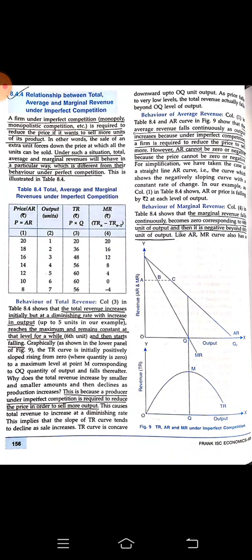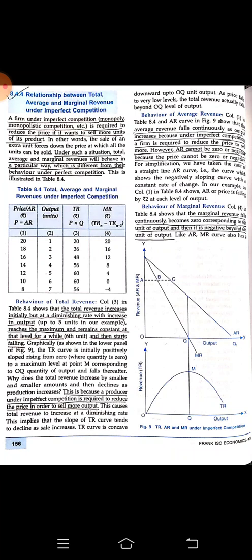Okay, what is the behavior of average revenue under imperfect competition? The average revenue falls continuously as output increases, because under imperfect competition a firm is required to reduce the price and sell more. However, AR, average revenue, cannot be 0 or negative, because the price cannot be 0 or negative.